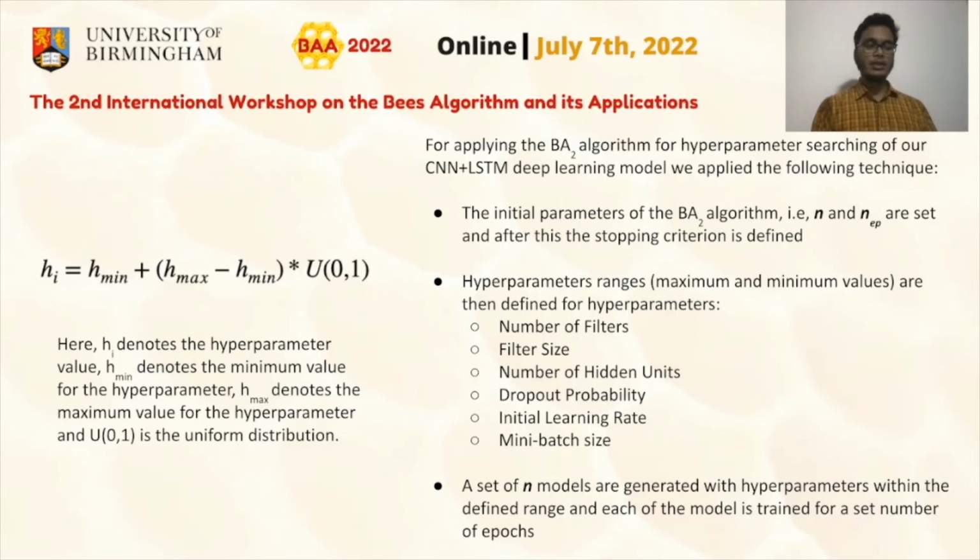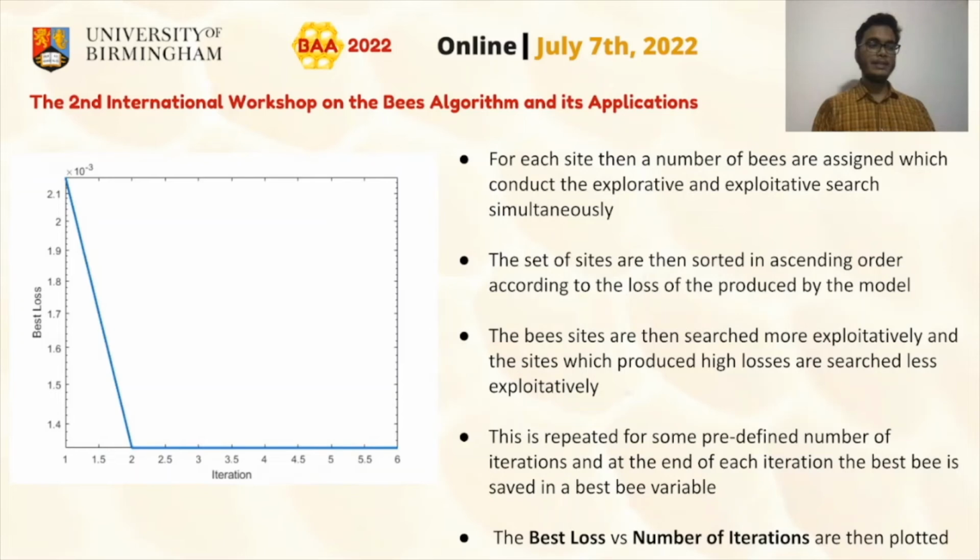After this, the 2-parameter version of the Bees algorithm exploitatively searches the hyperparameters which produce the low losses and tries to tune those hyperparameters to find the best set of hyperparameters. As it can be seen from the graph, the loss keeps on reducing till it reaches its minimum value after multiple iterations.